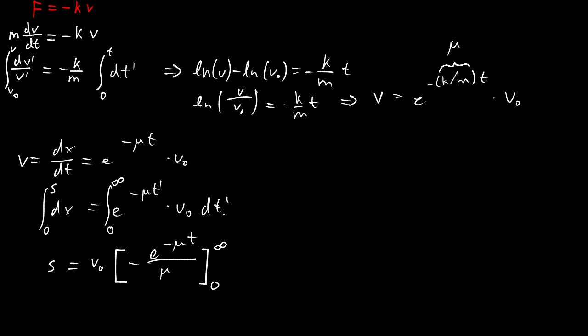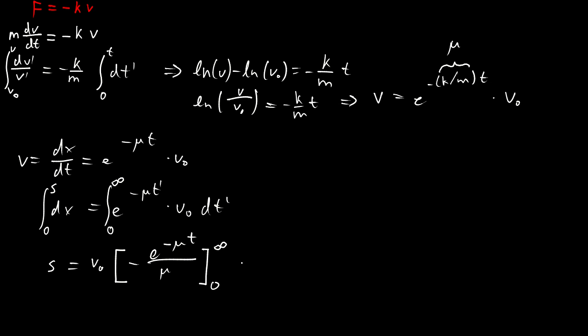So we actually can calculate how far of a distance it will travel within an infinite amount of time. I'm sorry, I'm not a native speaker, so hopefully you let that slide.